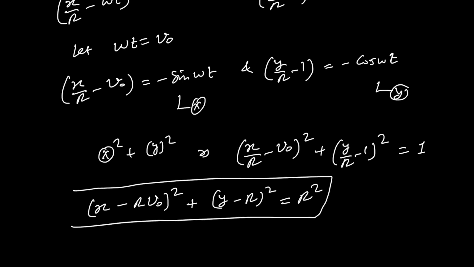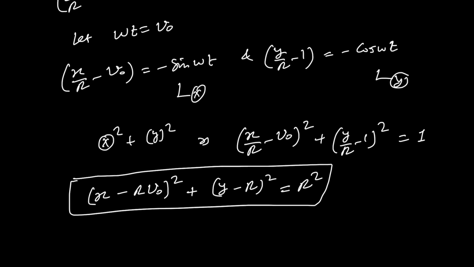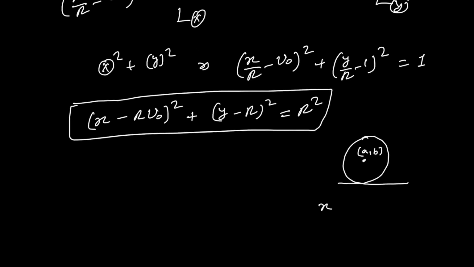Now what we know is the equation of a circle. The equation of a circle with center (a, b) is (x minus a) the whole square plus (y minus b) the whole square equal to r square. This is the equation of a circle.